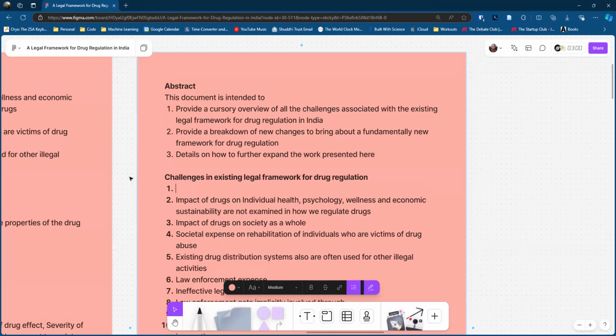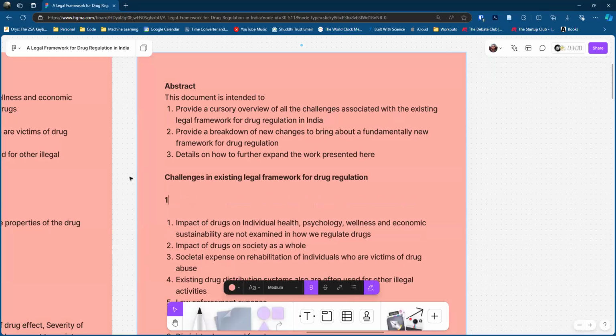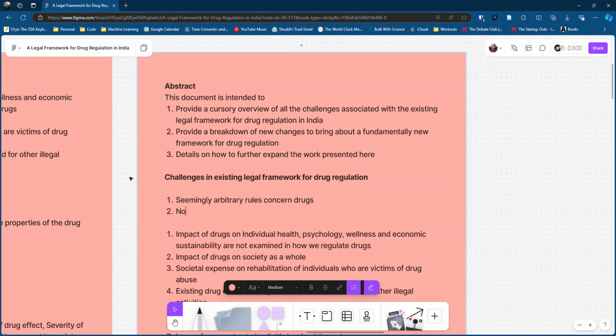So the first thing is arbitrary, or at least seemingly arbitrary, rules concerning drugs. No transparency in the drug policies.